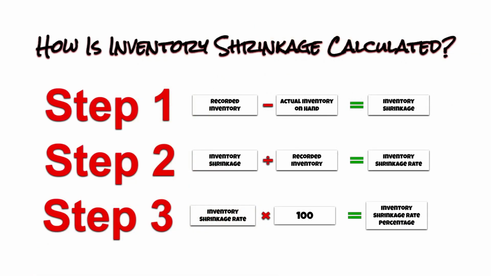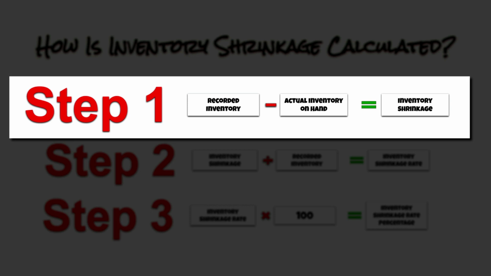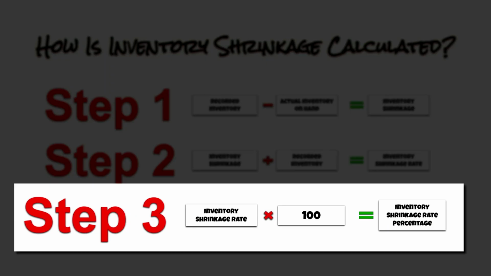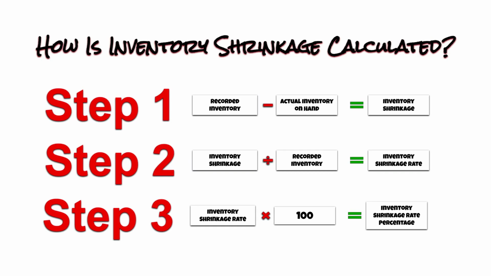Inventory shrinkage is calculated by subtracting the actual inventory from the recorded inventory and then dividing your answer by the recorded inventory. Then you multiply the answer by 100 to convert your answer to a percentage. This percentage can be used to have an understanding of the shrinkage that may occur within your inventory.